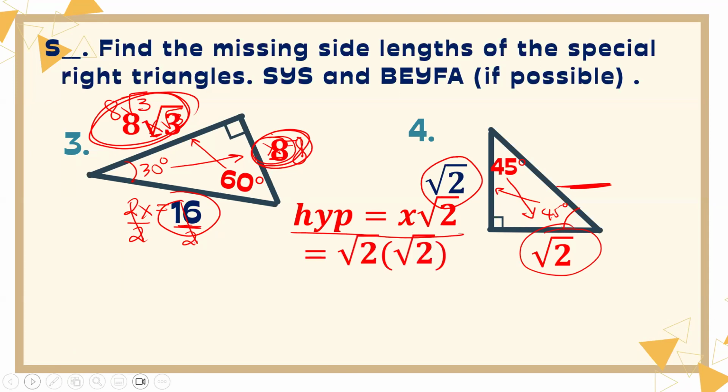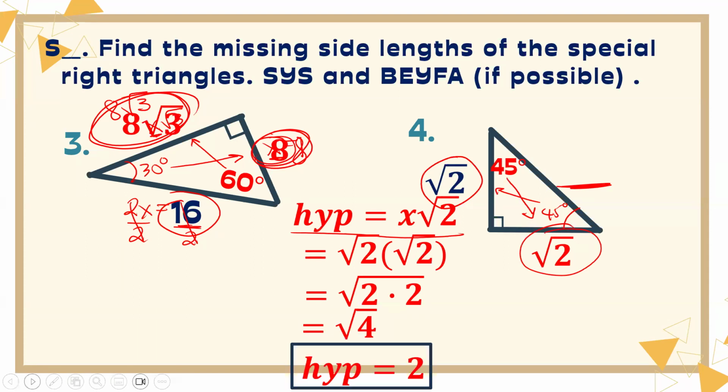And if x is square root of 2, that's square root of 2 times square root of 2. What is square root of 2 times square root of 2? Very good, that's square root of 4. Then what is square root of 4? Very good, 2. So the length of the hypotenuse is 2.